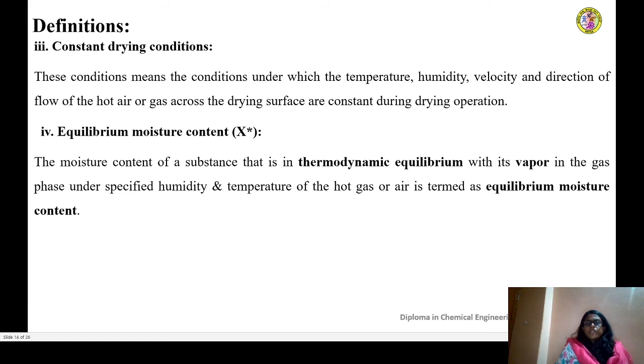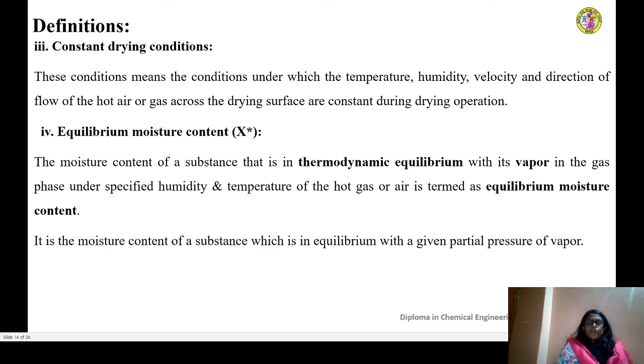So whenever the solid that is getting dried comes to a state of thermodynamic equilibrium with its vapor present in the gas phase, that is the drying medium, under the specified humidity and temperature of the hot gas or air, then the moisture content of the substance is called the equilibrium moisture content. So this is the amount of moisture that remains in the substance at equilibrium condition of the operation.